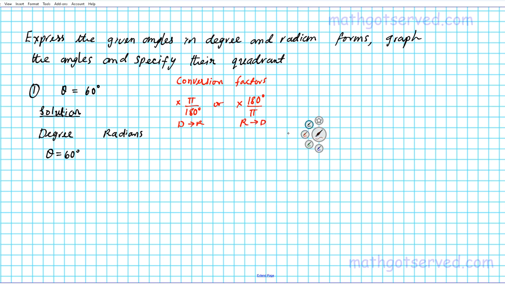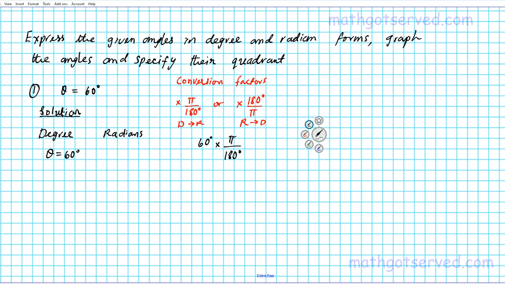So let's show you the computation here. So for degrees to radians, we're starting with 60 degrees, right? So we're going to pick one of these two, but the one that cancels out the degree. So if there's degree on top, pick the conversion factor that has degree on the bottom. So it cancels out. So we're going to pick the first one. You see this 180 degrees and pi.